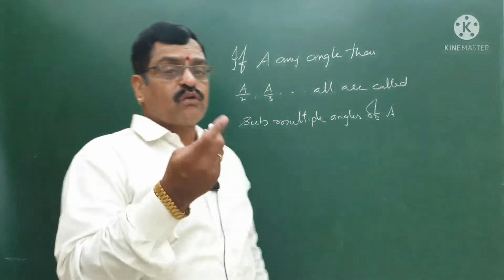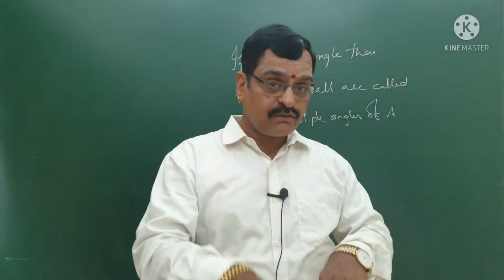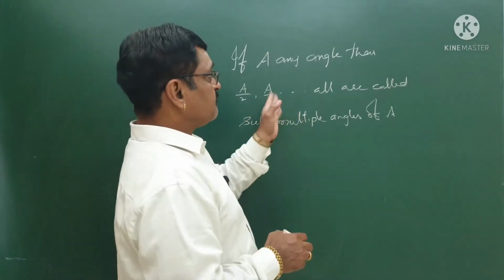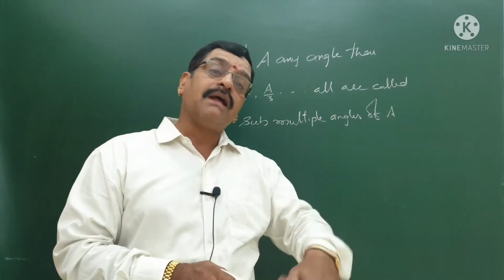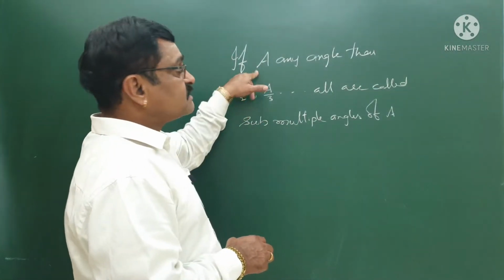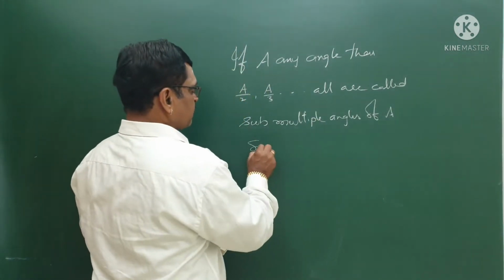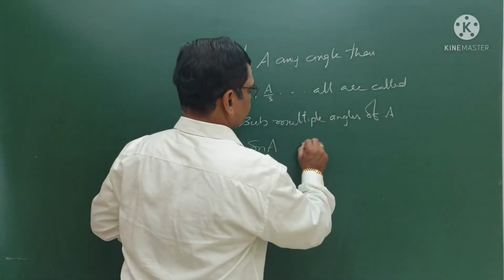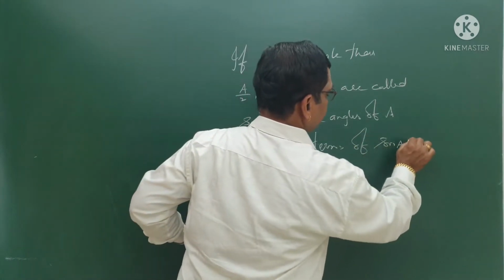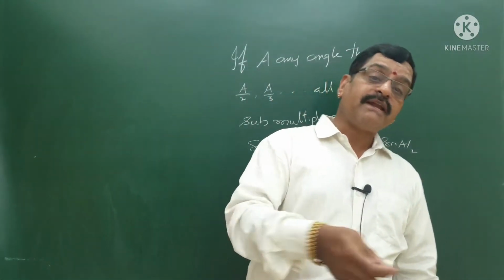Now in this lesson, what are we going to discuss? We are going to discuss the values of trigonometric ratios for the angle A in terms of A by 2, in terms of A by 3, or the values of trigonometric ratios of angle A by 2 in terms of angle A. That means simply expressing sin A in terms of sin A by 2, of course sin A in terms of cos A by 2, sin A in terms of tan A by 2.